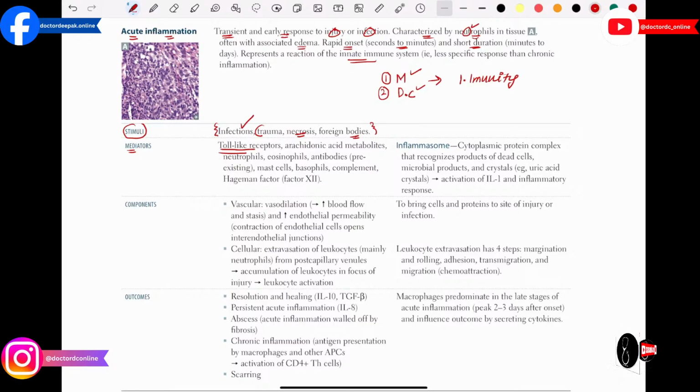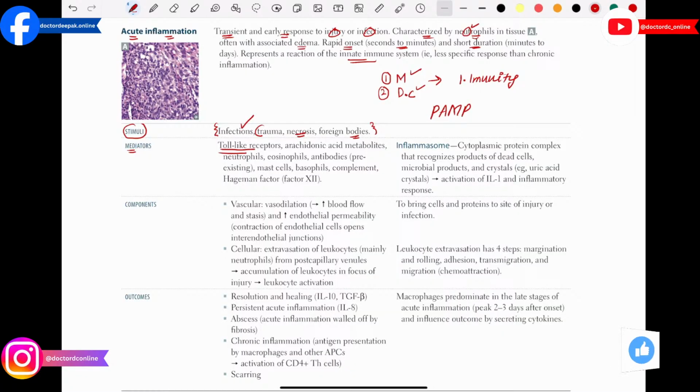Then after that, how are these toll-like receptors going to be activated? This is another important point. Basically, these toll-like receptors are going to be activated by pathogen associated molecular patterns, PAMPs.